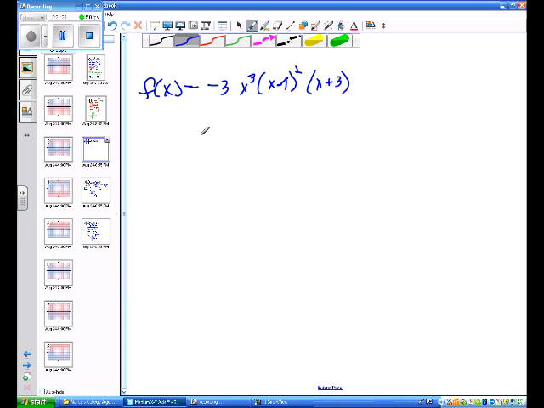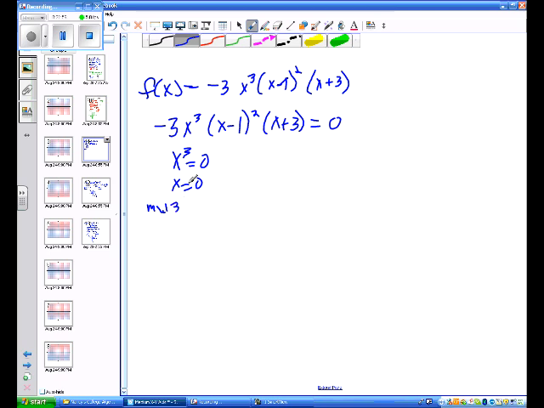Now, it's already in factored form, so we're going to set it equal to 0. And we can solve. We've got x cubed equals 0. So x equals 0 with a multiplicity of 3.